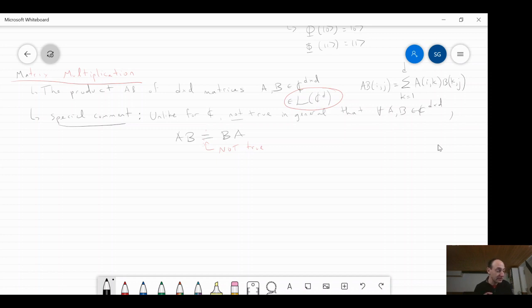Okay, and I don't want to say too much about this, but I do want to mention that this is actually very, very important. So it's not just the mathematics. It turns out that the very nature of the world around us really depends on the fact that matrix multiplication is non-commutative.